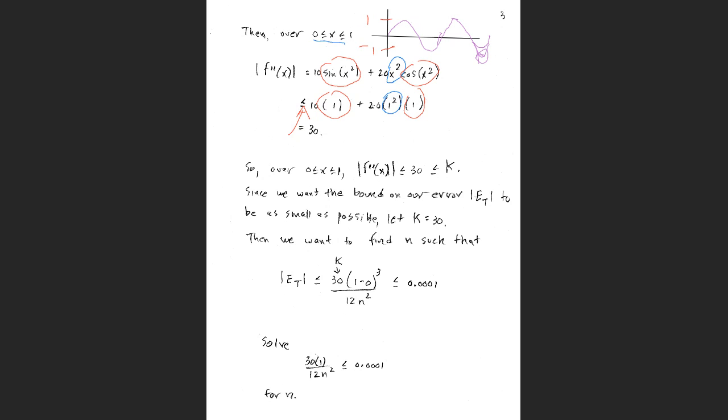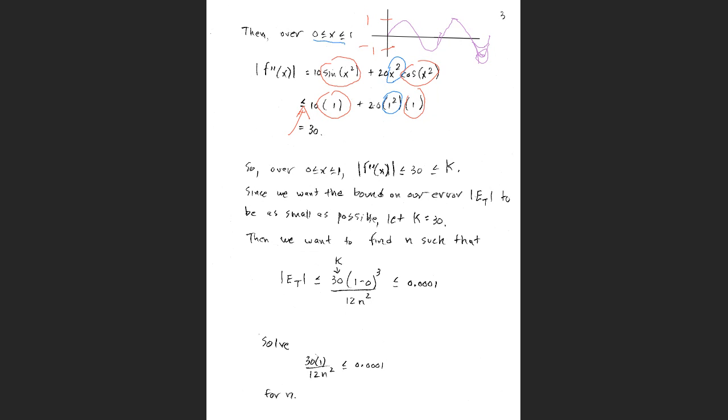So the rule is, when you're finding your value of K, if your second derivative contains sines or cosines, you replace the sines and cosines with 1s. That's what WebAssign is going to want. You don't want to get fancy. Even if you drew a graph and figured out the true maximum value of the second derivative, technically you'd be correct, but WebAssign doesn't want that.